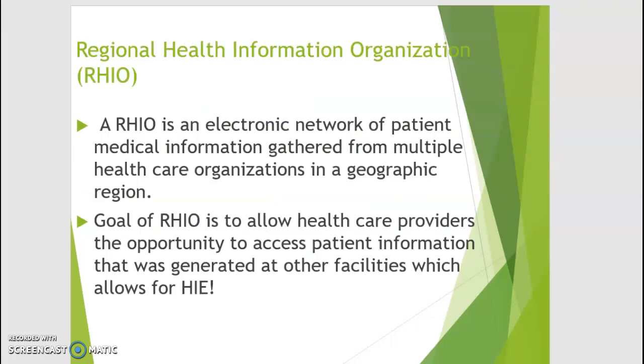So then we get into the RHIO. It's an electronic network of patient medical information gathered from multiple healthcare organizations in a geographic region. And the goal is to allow healthcare providers the opportunity to access patient information that was generated at other facilities, which allows for health information exchange.